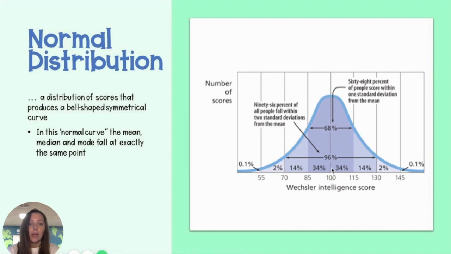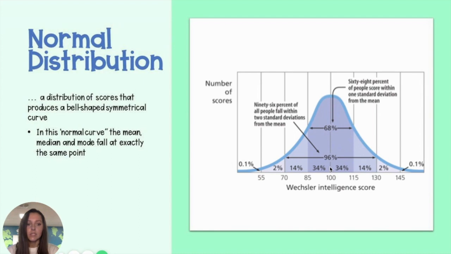Now, we have certain percentages that tell you how much of the data falls between the different standard deviations. You'll see that 34% of all of our data is going to fall within one standard deviation above the mean. Now, what's really cool about a normal curve is it's symmetrical. So everything that happens above the mean is going to happen below the mean as well.